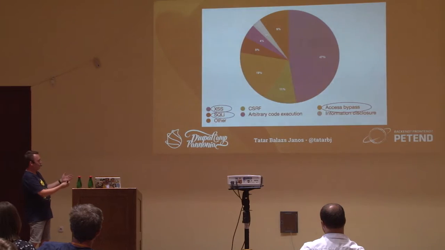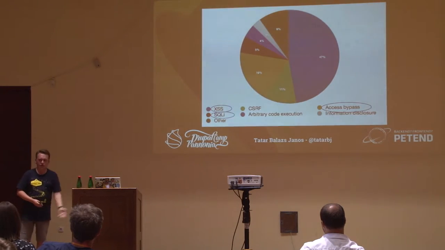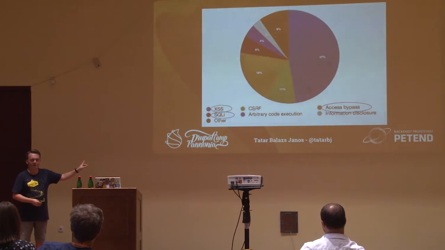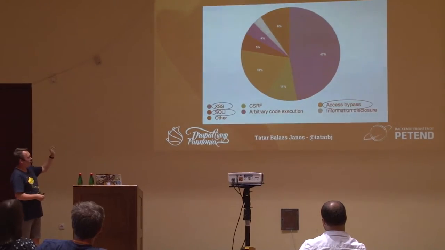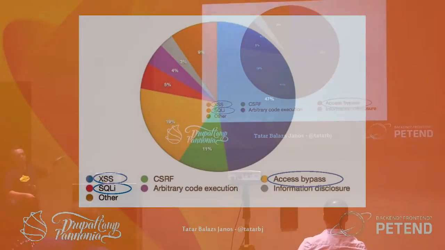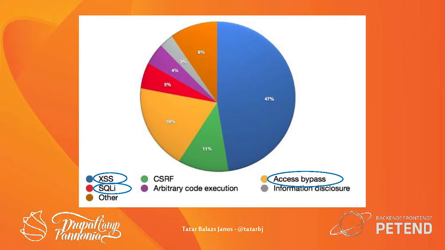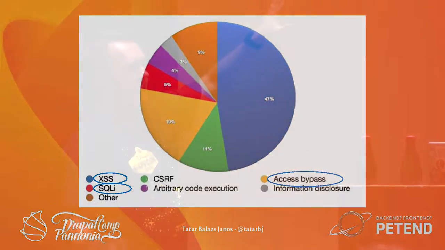And in Drupal, basically half of the issues are about XSS. We saw what can happen by an XSS, didn't we? Do not underestimate. But the others, such as SQL injection or access bypass that we are going to talk about today, are also a big chunk of vulnerabilities nowadays in Drupal. Even though the slide was made somewhere in 2015 or 16, more or less the ratio is similar nowadays. So XSS is a very big thing.